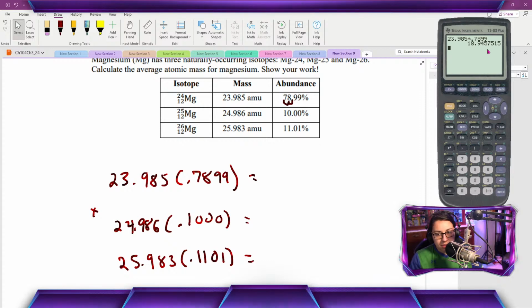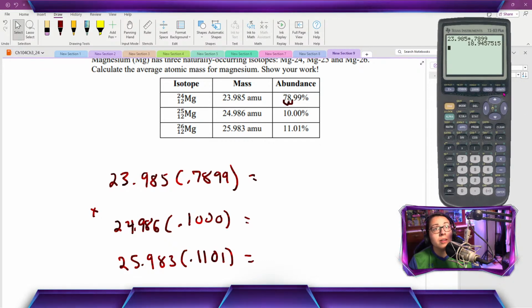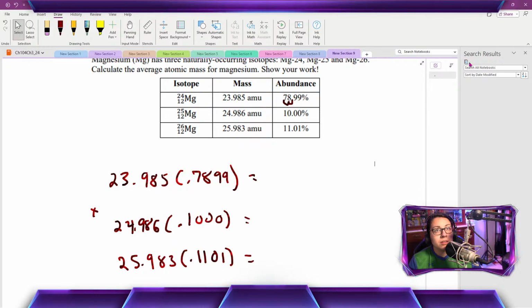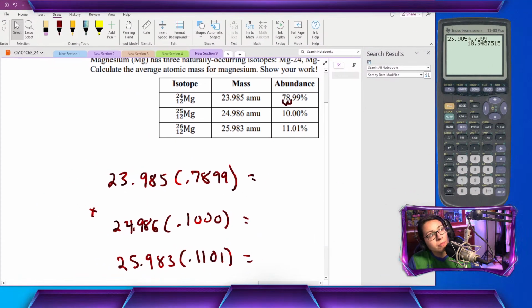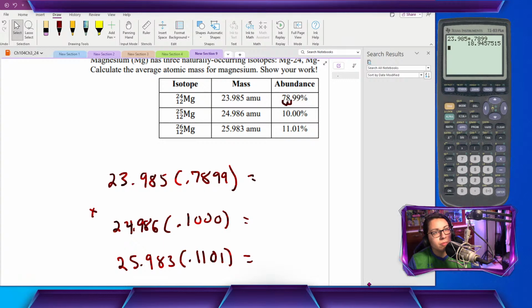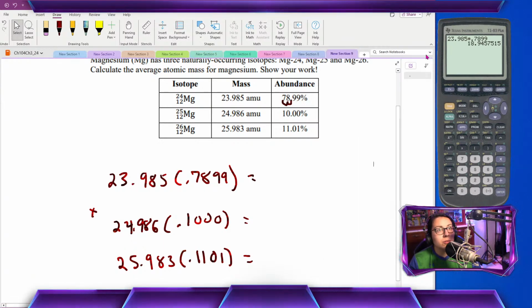Let me pull back up our calculator so we can actually see that. There we go. We do our multiplication, and we need to keep 4 sig figs, so we round appropriately. That's 18.95.